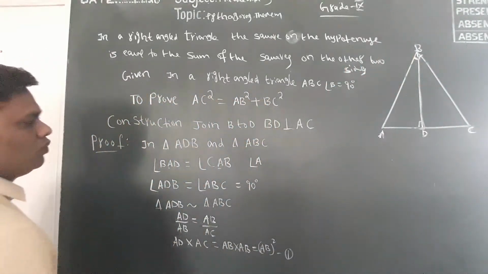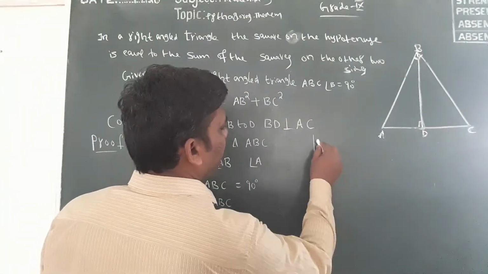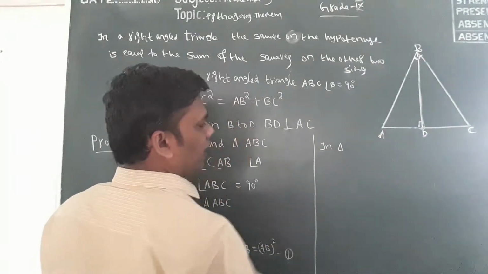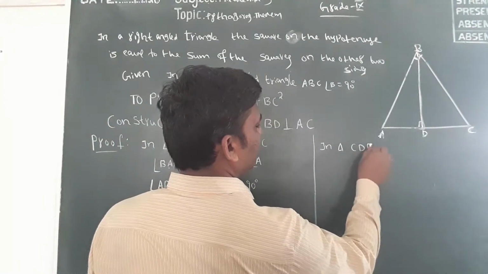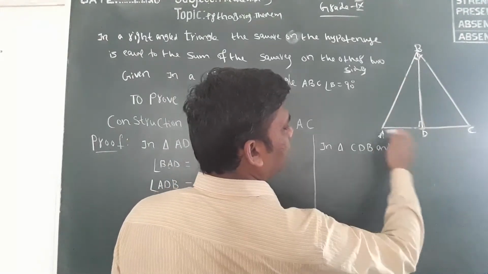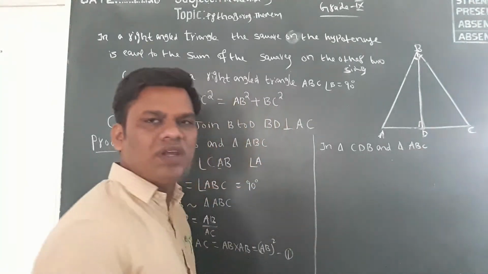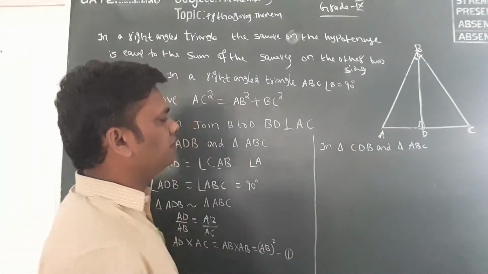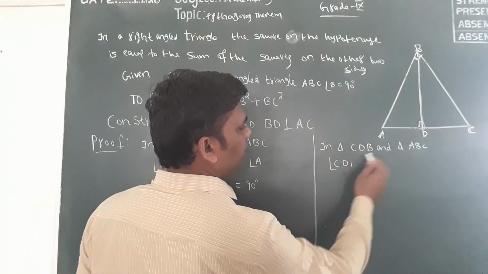Okay? Now, in triangle CDB and the triangle next to it, the big triangle ABC, see now.